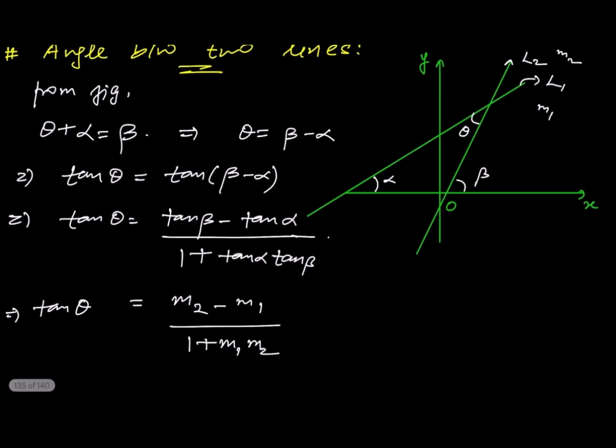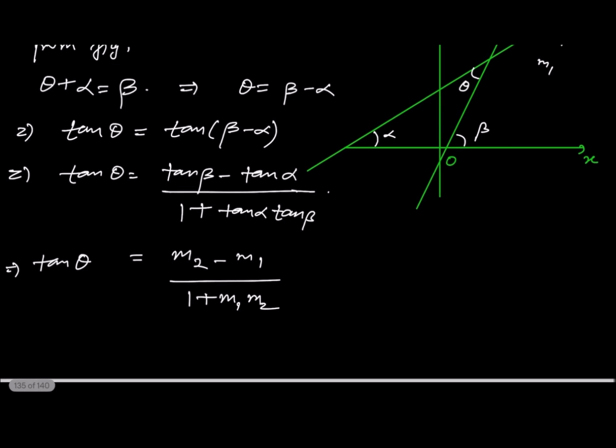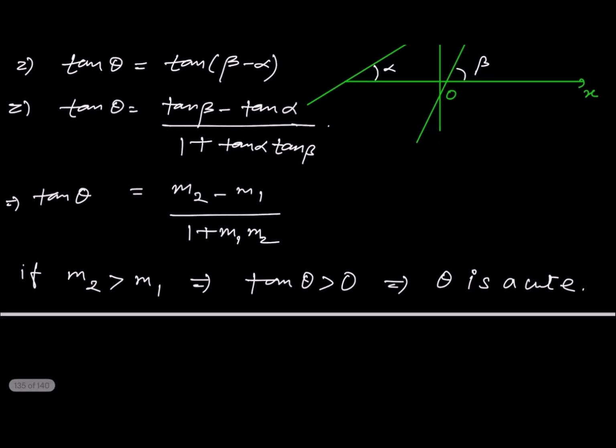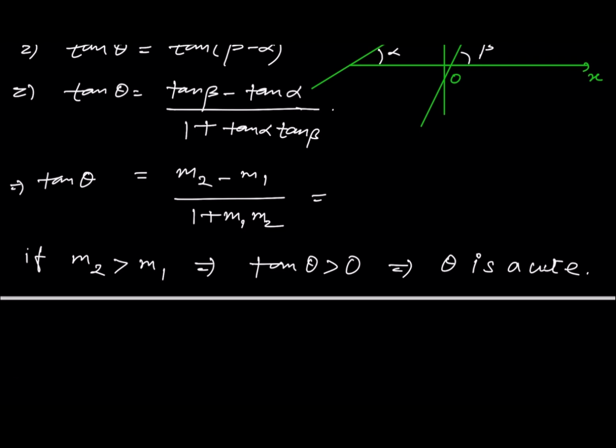And from the figure I can say m2 is greater than m1. So also if m2 is greater than m1, this implies tan theta is positive. Tan theta is positive implies theta is acute, right? Okay, so here theta will be tan inverse of m2 minus m1 upon 1 plus m1 m2.